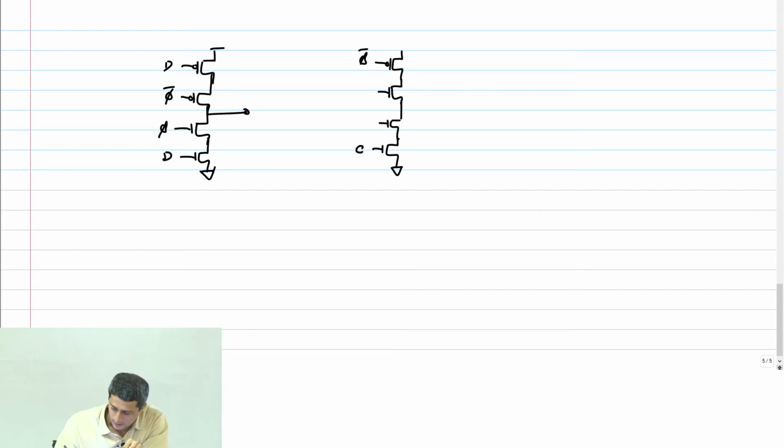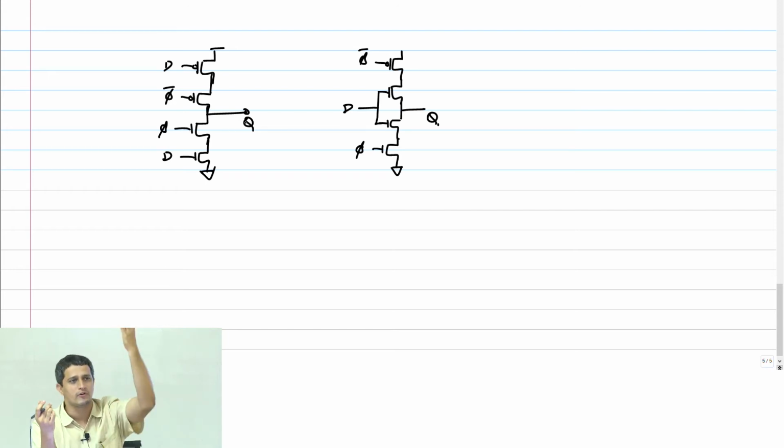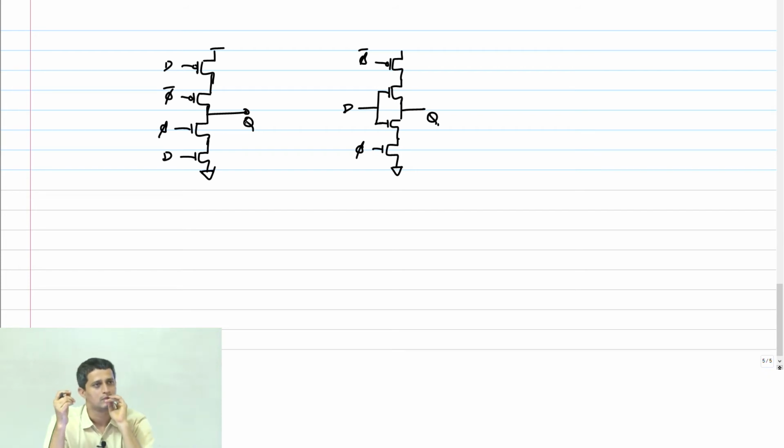Phi bar, phi, and then this I will call D. Logically, these two are the same, right? When phi becomes 1, both of them act like an inverter. When phi is 0, both of them don't provide a path to either VDD or ground, thereby tri-stating the output Q. Q will be in high impedance state. But are these two equivalent otherwise?